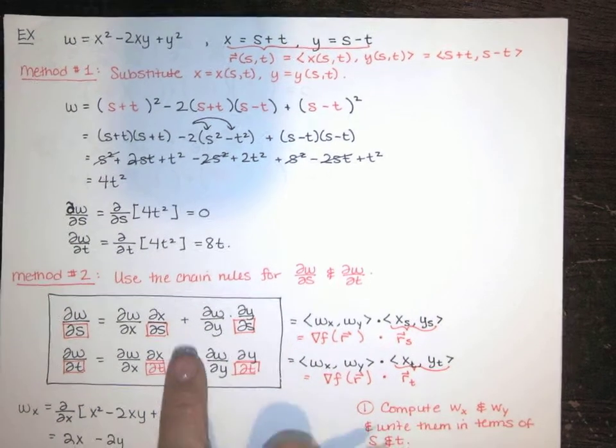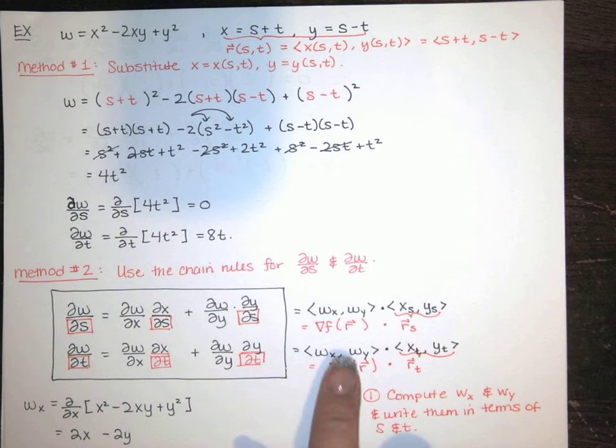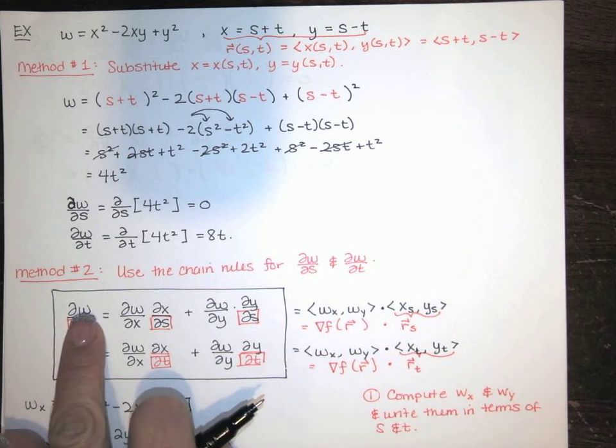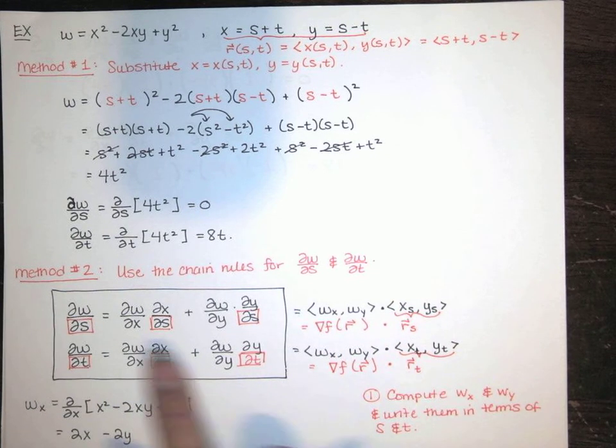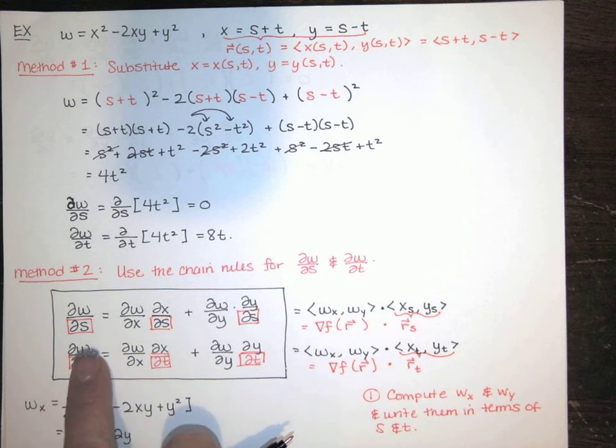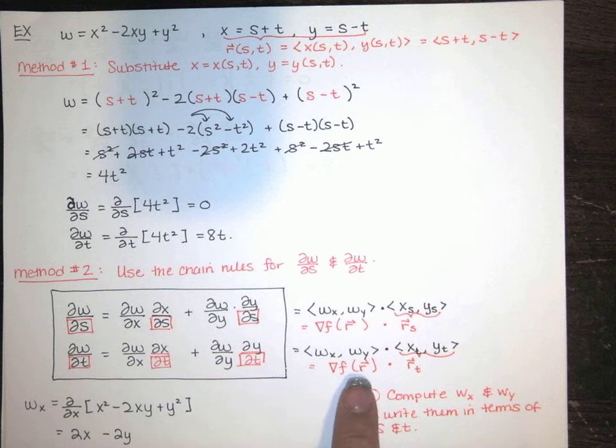So each of these rules can be rewritten as a gradient evaluated at R dotted with the appropriate partial derivative. If I want the derivative of w with respect to s, this needs to be a partial with respect to s. If I want the derivative of w with respect to t, holding the other variables constant, this needs to be the partial of r with respect to t.